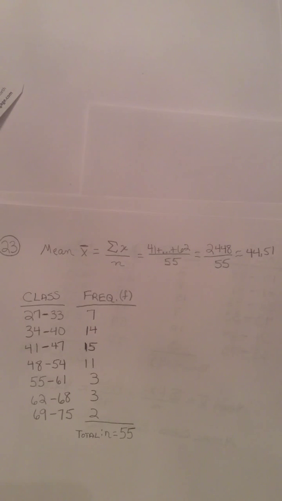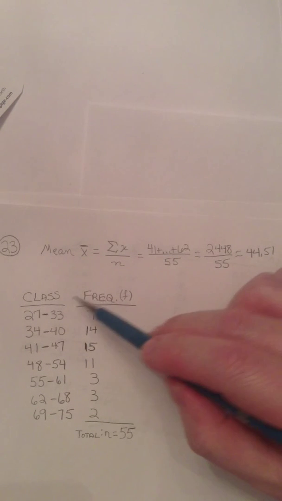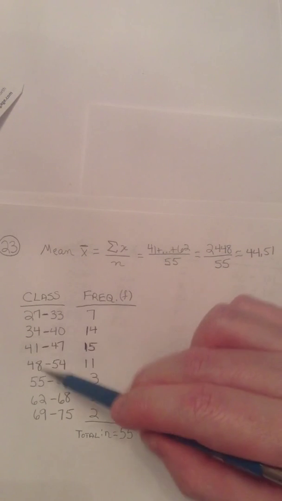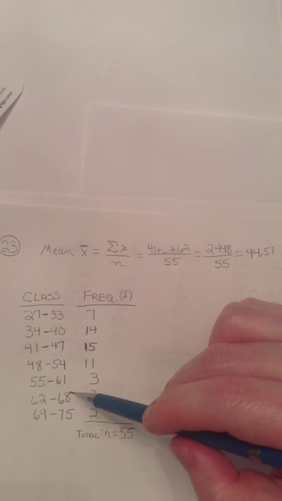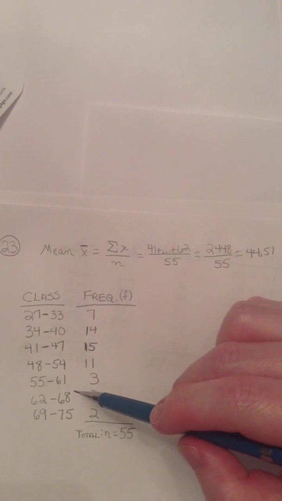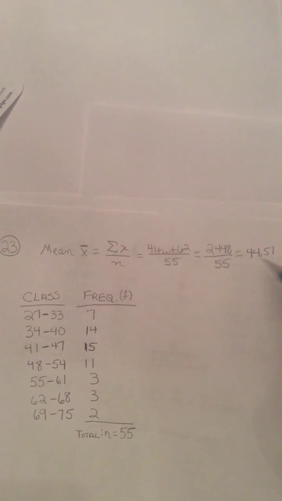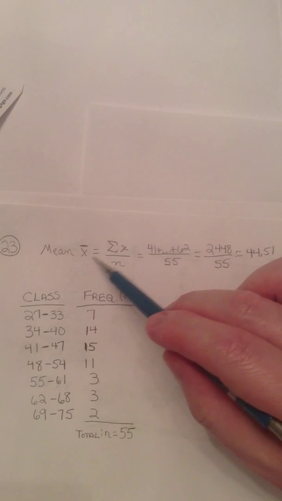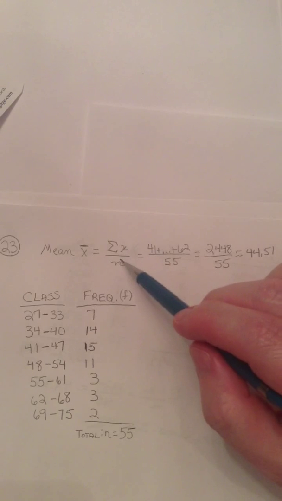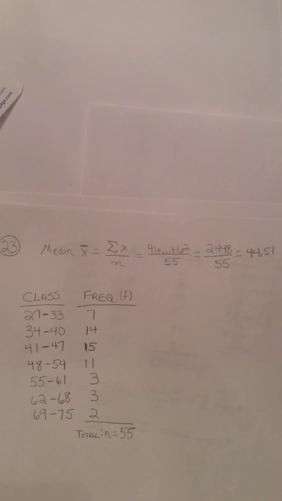Now, what the author is asking for is to calculate the mean if you had only the group frequency distribution to go by, as opposed to having all the key data items. But for the answer, this version of the determination of the mean, taking the sum of all the data items divided by 55, coming out to 44.51, is an acceptable answer.